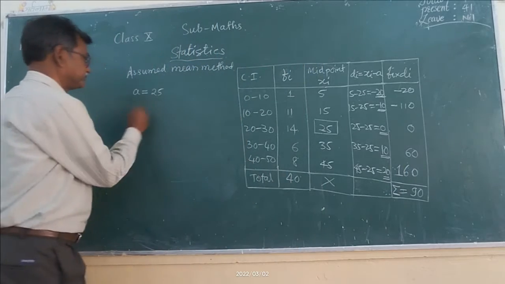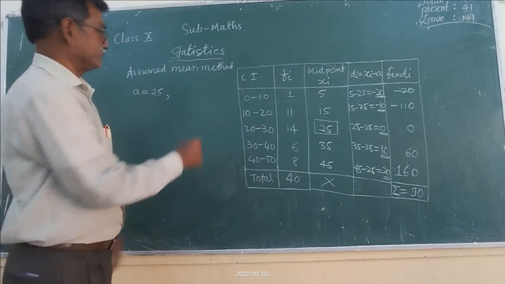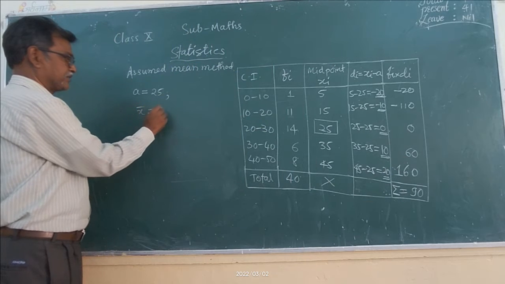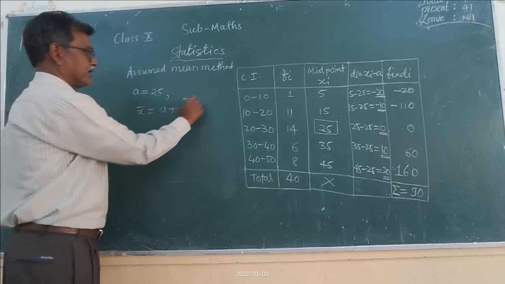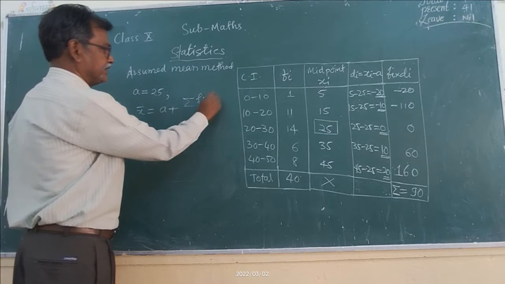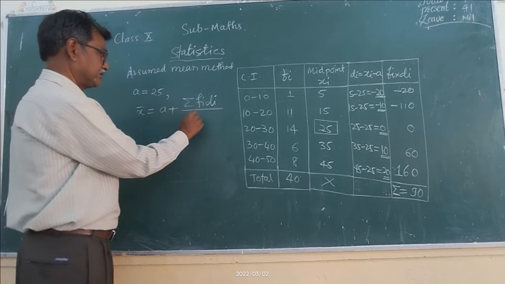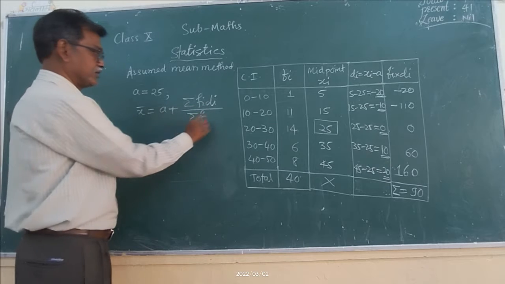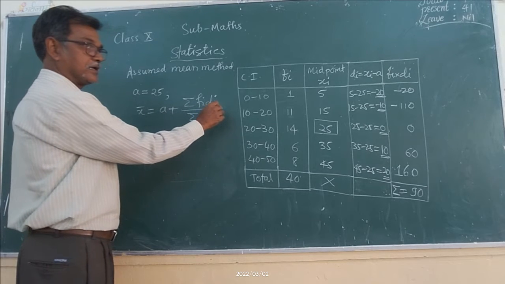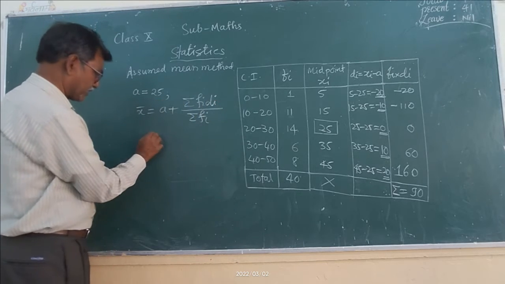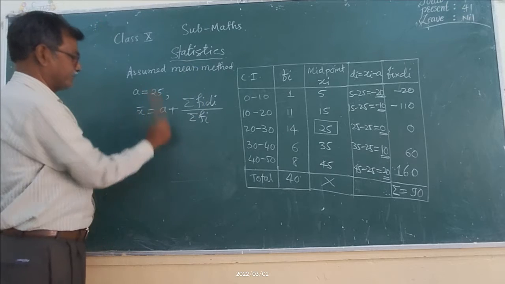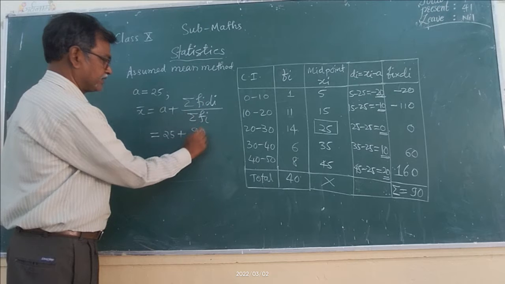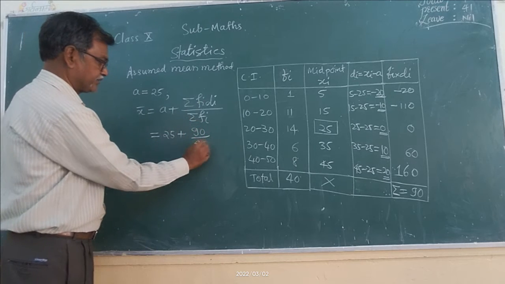Formula: x bar is equal to A plus sigma fi di divided by sigma fi. A is 25 plus 90 divided by 40.